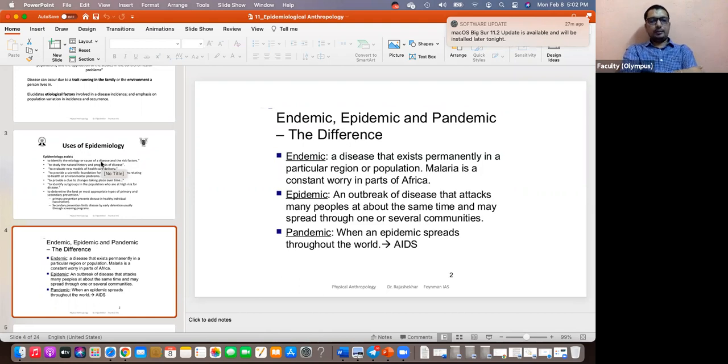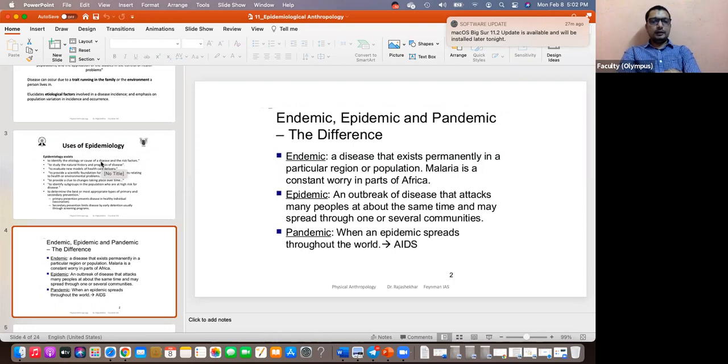Correct. So yes, endemics can become epidemics, and epidemics can become pandemics, and they can come back because of all these steps that we normally take, or even our immune system gaining resistance to the infectious agent. There are many examples that I'm going to show you, like when certain diseases like TB got introduced into certain islands. Many people died initially, but later they got some amount of resistance to that.